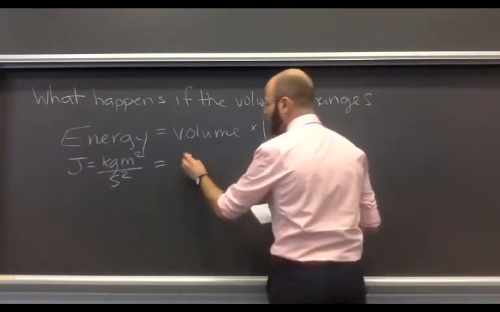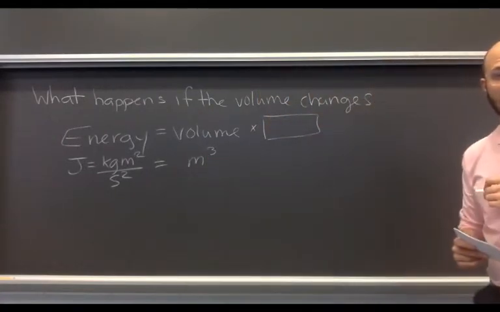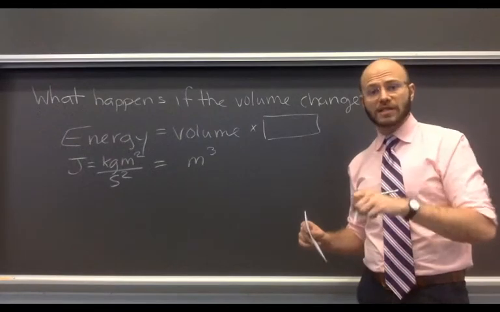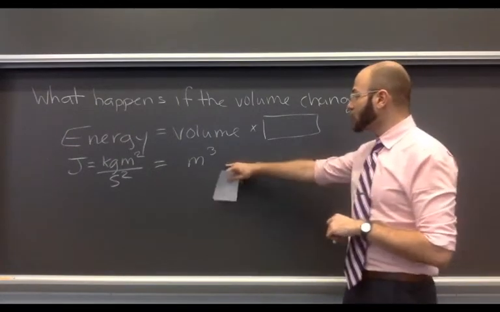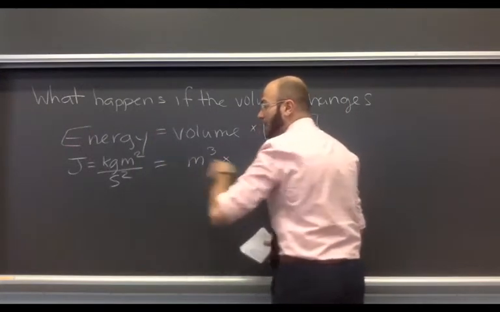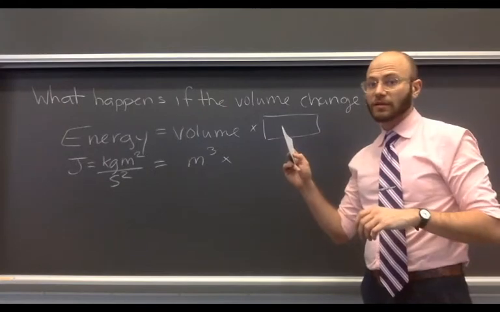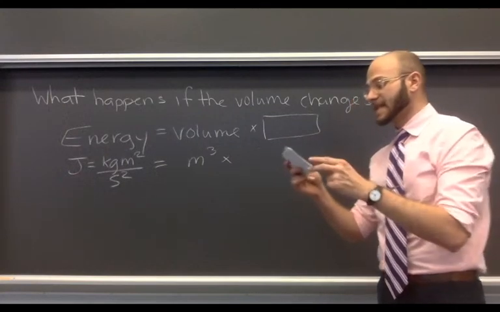And so the units for volume here are going to be cubic meters, or meters cubed. A good thing to do right now would be to pause the video and try to determine what times meters cubed gives you joules. I will let you freeze right there, and then let's see how we can come up with that.